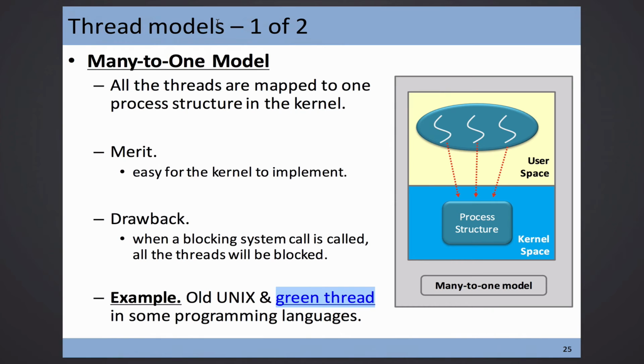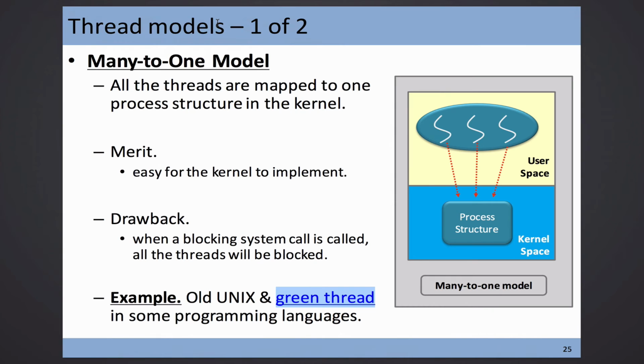Someone has to do the scheduling inside the process for you. Sounds very horrible, right? You don't want it. I implement thread, I have to implement scheduler. Crazy. So it's not just as easy as that. The most difficult drawback to understand is, how about one of the threads calling some blocking system call?